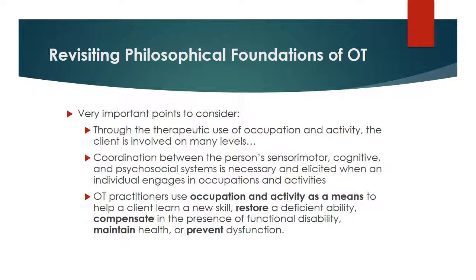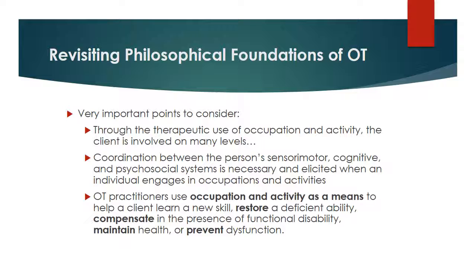So if we return to our discussion on the philosophical foundations of OT, we need to keep in mind 3 very important points. Through the therapeutic use of occupation and activity, the client is involved on many levels.